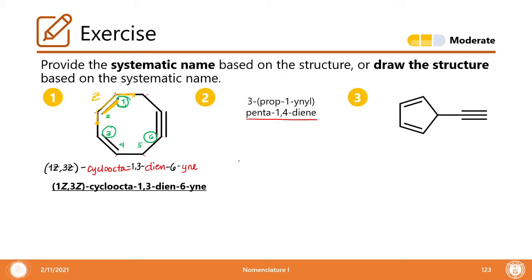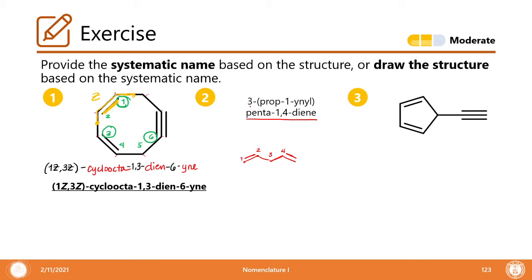We can draw a zigzag consisting of 5 carbons, 1, 2, 3, 4, and 5. At position 1, we have an alkene. At position 4, we have an alkene. So penta-1,4-diene.